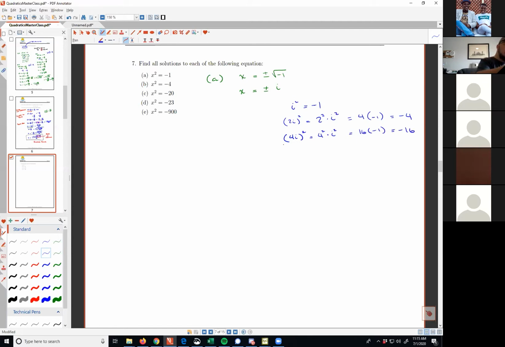Good. What is 2√3i? I'm going to put a negative out in front. What is -2√3i squared? 6. -12. -12 is correct. 2√3 squared is 12.